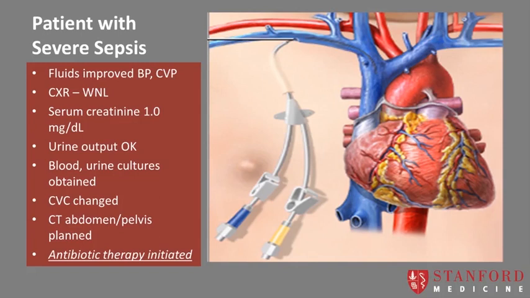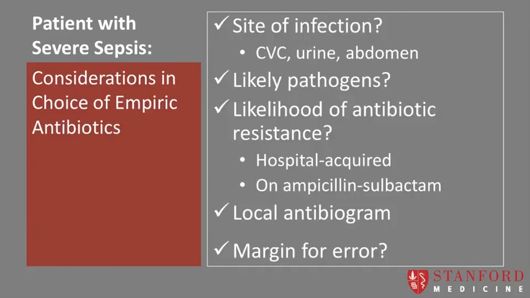Serum creatinine was normal, and his urine output was adequate. Blood and urine cultures were rapidly obtained. Because of concern that the central venous catheter might have been the source of infection, the catheter was removed and replaced at another site. A CT of the abdomen and pelvis was planned, and antibiotic therapy was rapidly initiated.